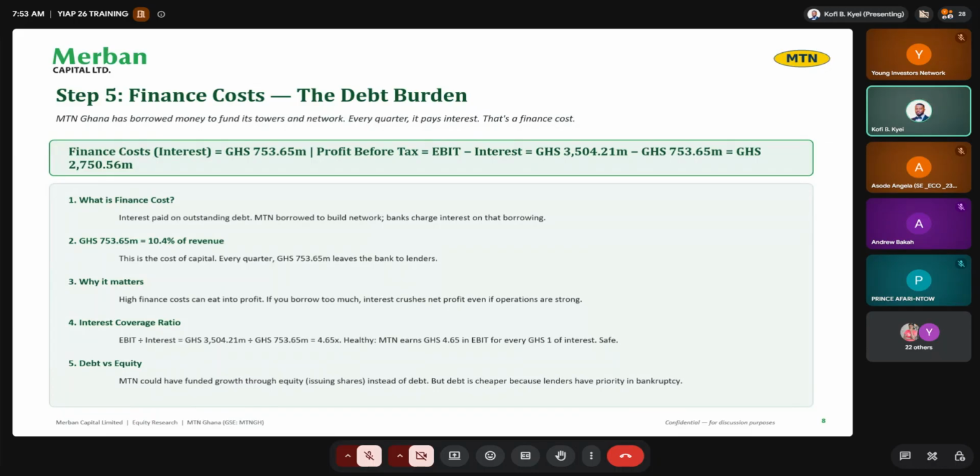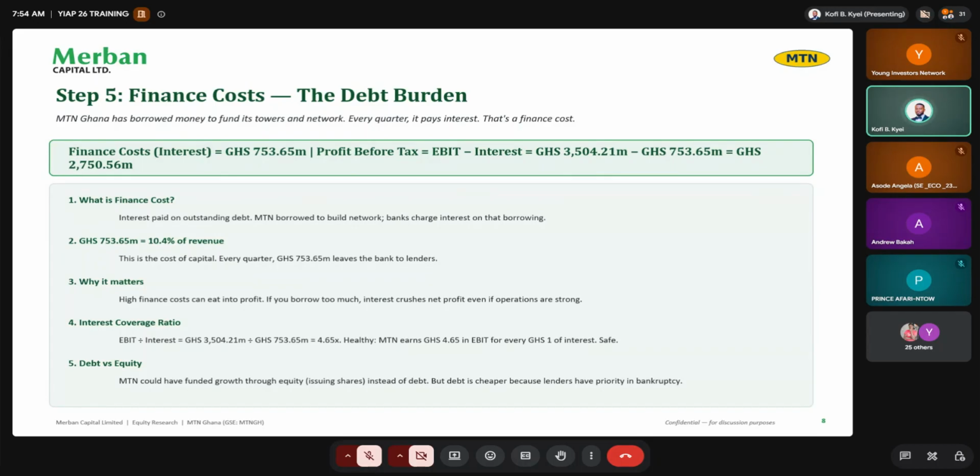So the interest coverage ratio is EBIT divided by interest. That is the formula. What we can see is that the rate is 4.65 times. So MTN earns 4.65 cedis in EBIT for every 1 Ghana cedi of interest. Now we're looking at debt versus equity. MTN could have funded growth through equity, that is issuing more shares instead of debt.